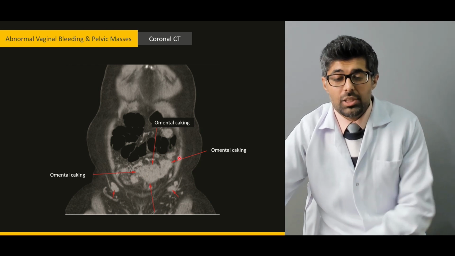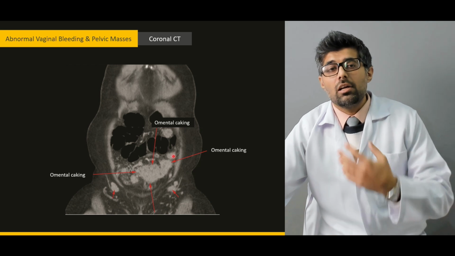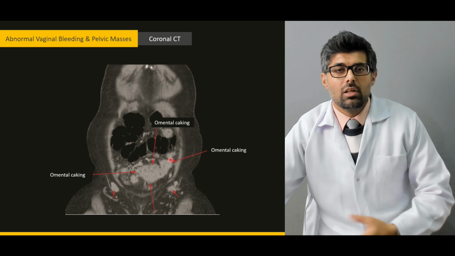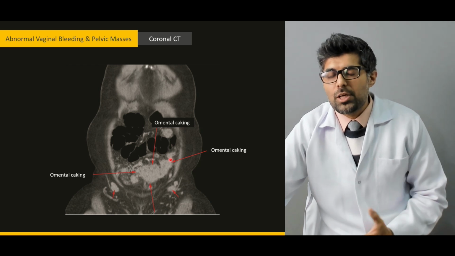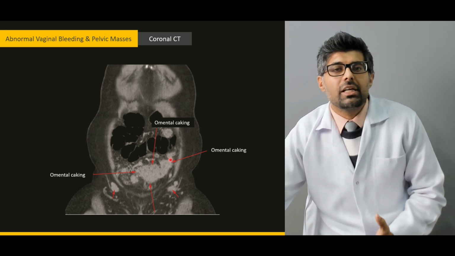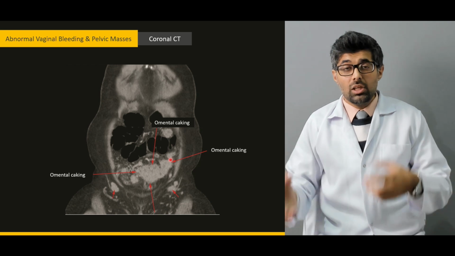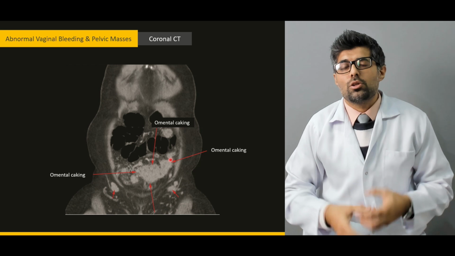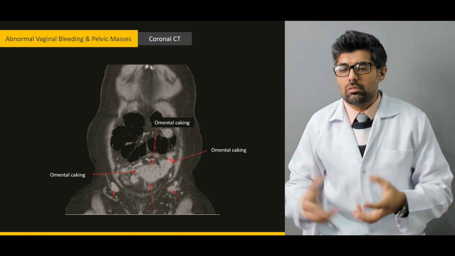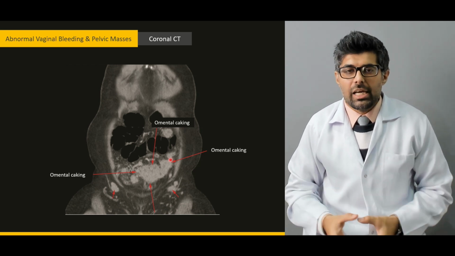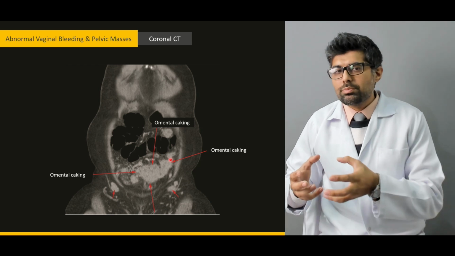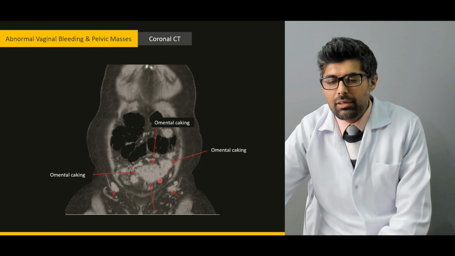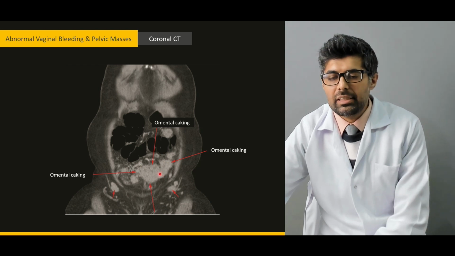Because of the metastasis, invasion and infiltration of the cells inside the fascia of the patient, inside the peritoneal cavity, it has given rise to both the clumping of the fascia and the omentum and the formation of masses, which is termed caking. So this is very usually seen whenever there is a metastatic disease.